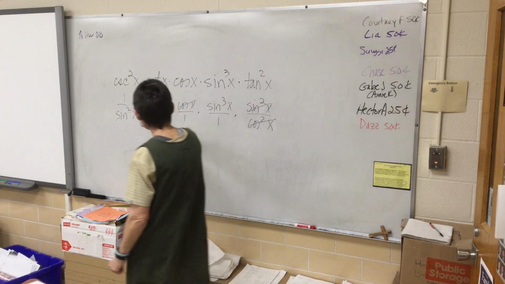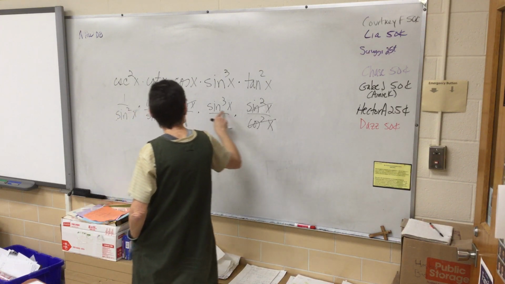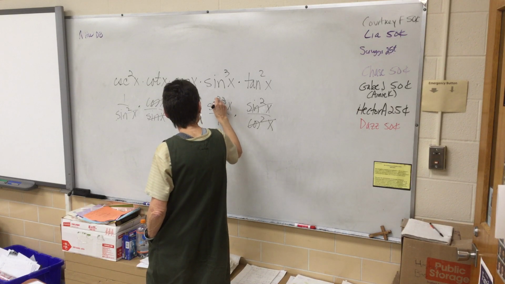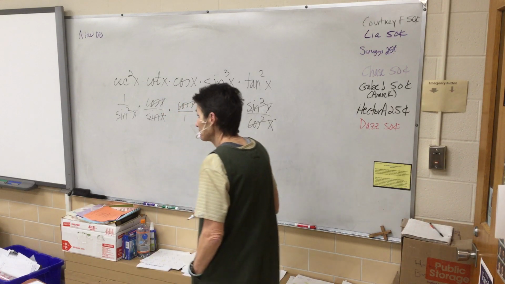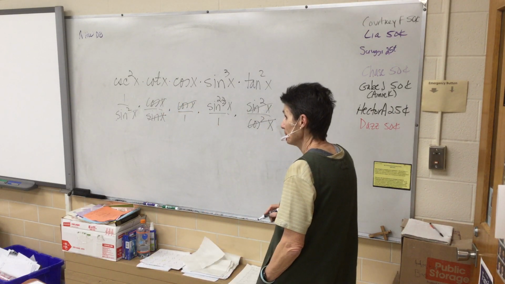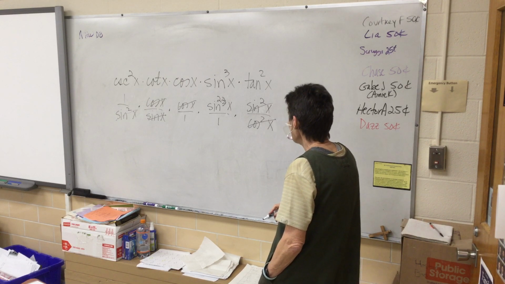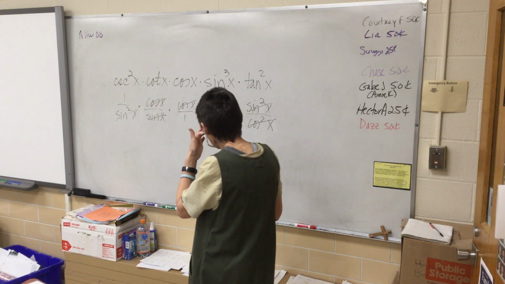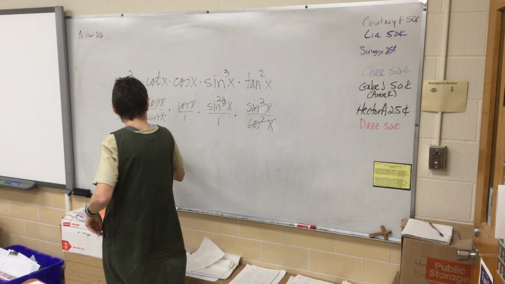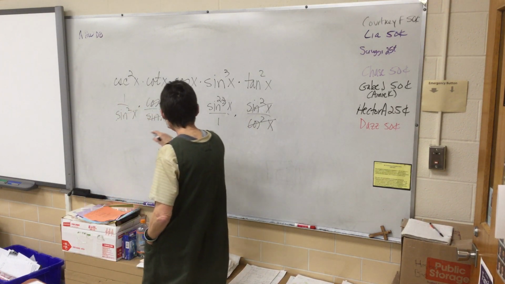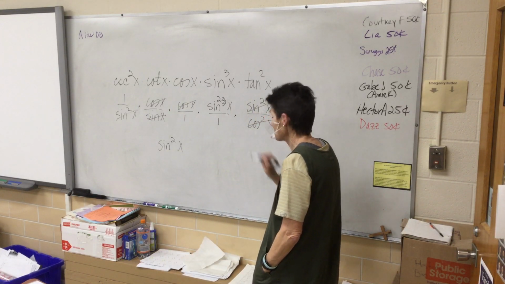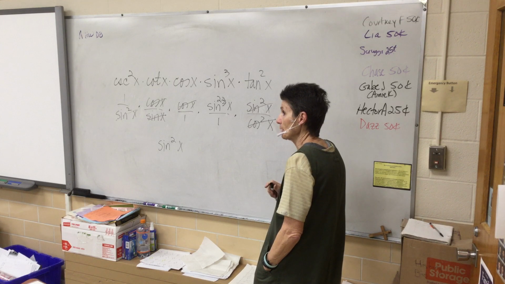Now, I have 1 sine left on the bottom, but I have 3 of them here, so I can cancel that out, but that will leave 2 of them there. Does that make sense to you? Yeah. And I think all I have left on the top is that sine squared. And I think the entire bottom is gone. All I have left is 1 down there. So my answer is just sine squared.